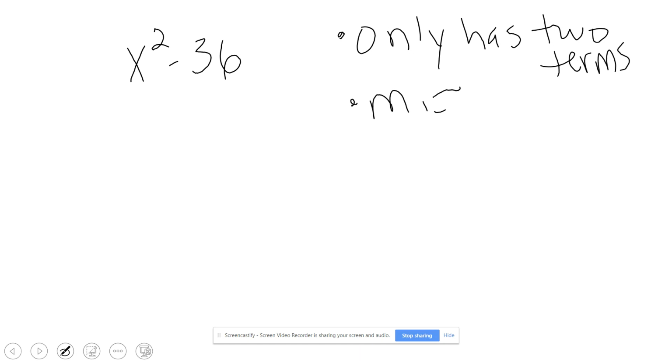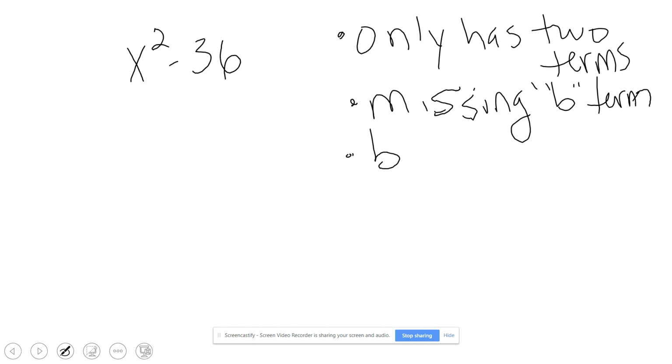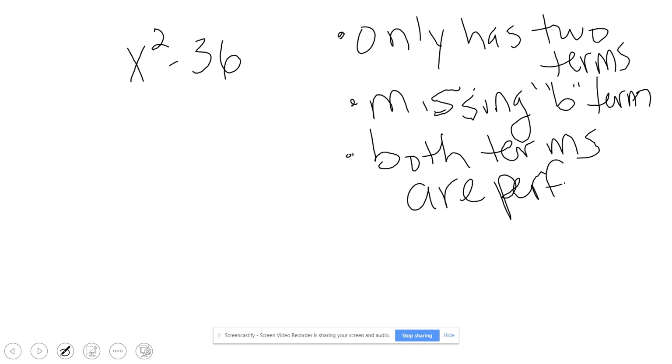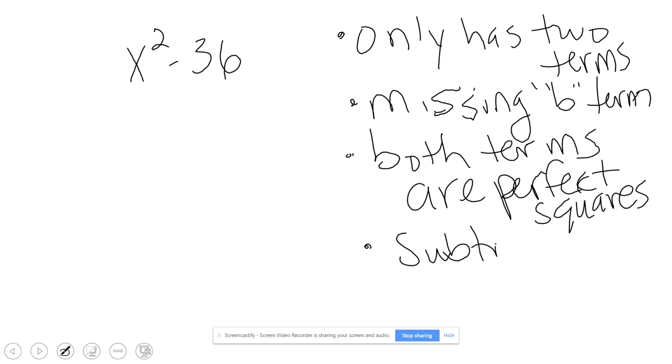They are missing the b term, that's the middle term that we added as a 0x on the other slide. Both terms are perfect squares. And then there is a subtraction sign in the middle, a difference, subtraction.